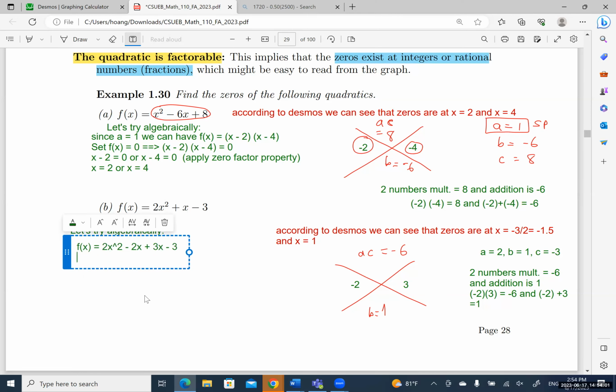So then I can have f of x equal to, I can factor the greatest common factor out of the first two terms, 2x, and I got x minus 1, plus 3, factoring the 3 out of the next two terms, x minus 1. And then I have f of x equal to x minus 1 times 2x plus 3. Okay.